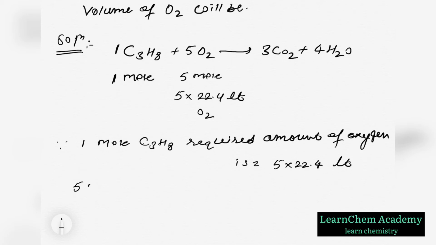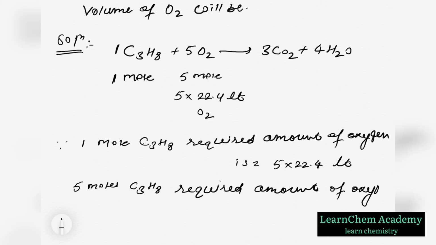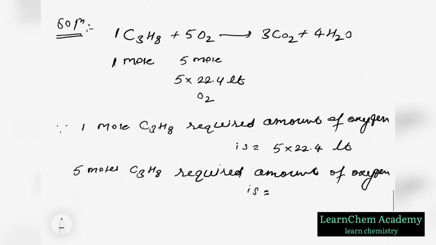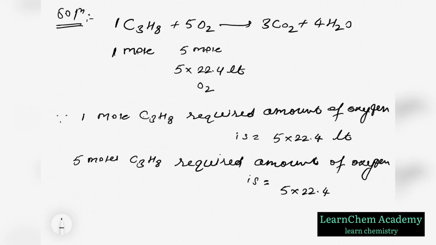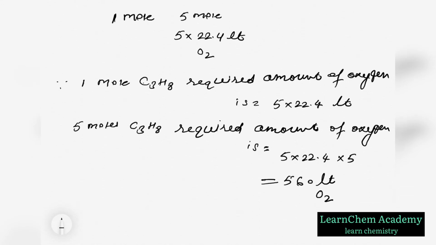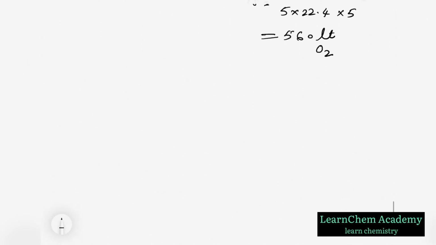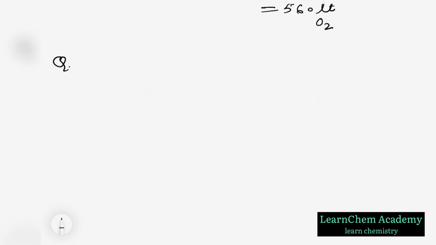So for 5 moles of propane, the required amount of oxygen is 5 into 22.4 into 5. So we will get 560 liter oxygen. Okay, so we can use this unitary method to calculate mass volume relationship. We can take another example to understand the mass volume relationship. So write the next question.